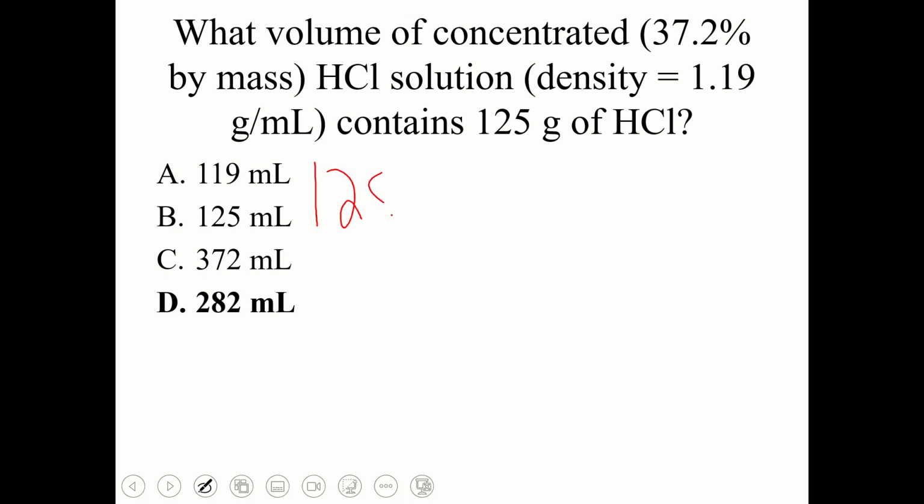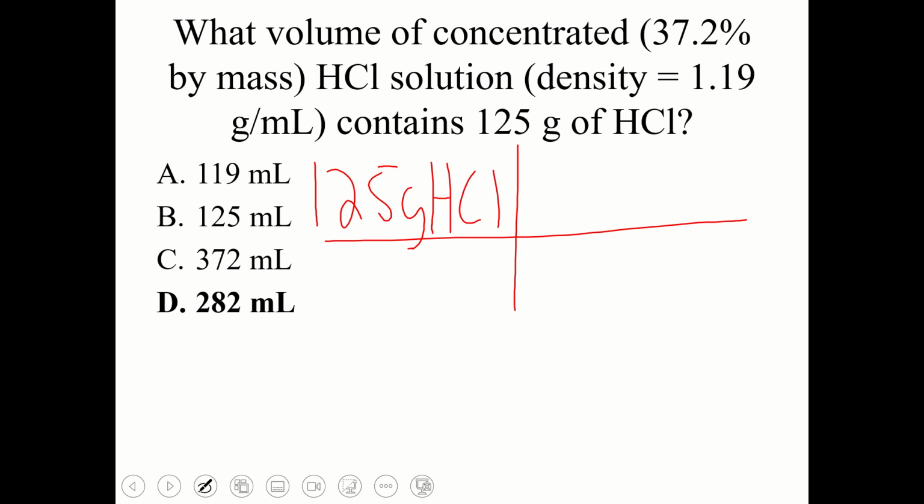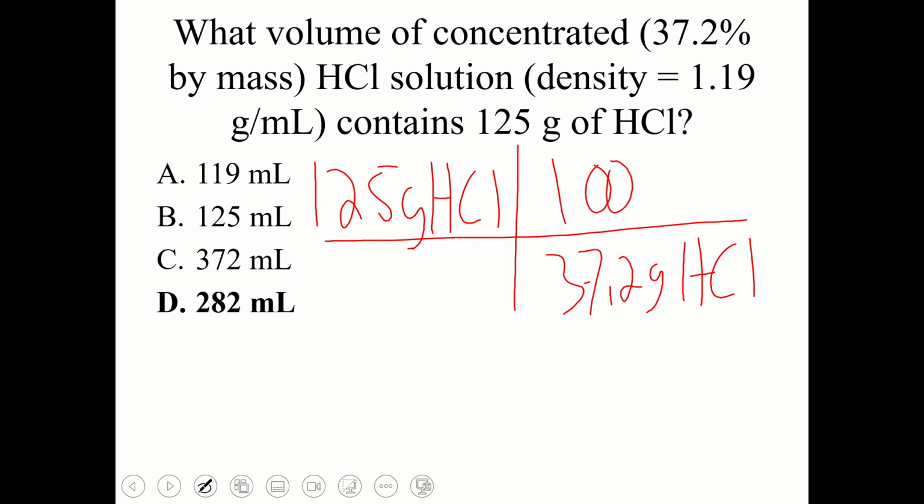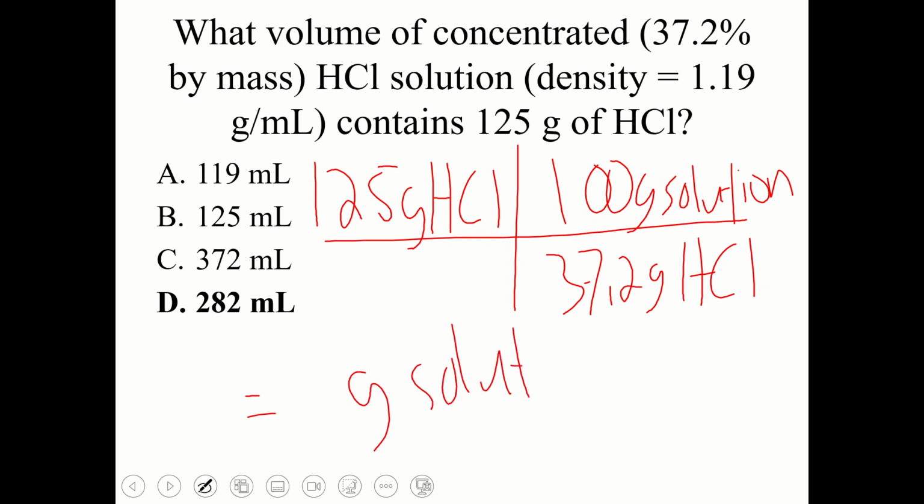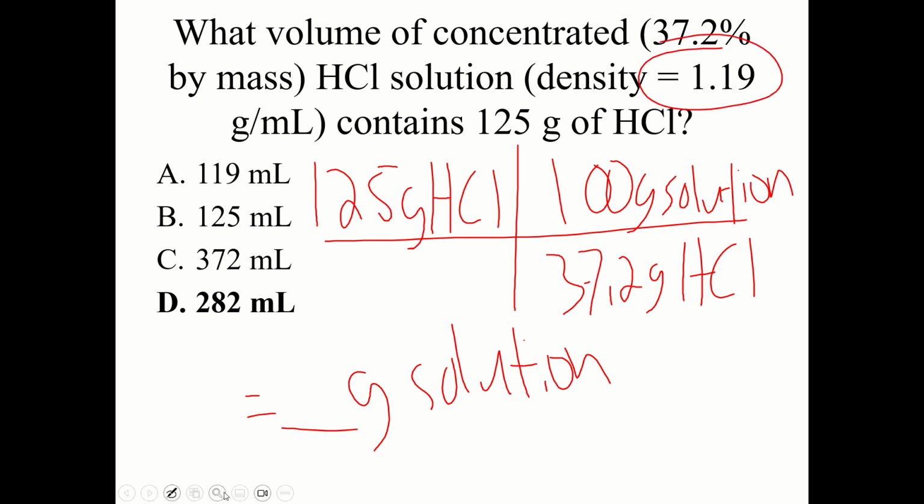So I would start by doing 125 grams HCl, and I'm going to use that mass percent as a conversion factor, 37.2 grams HCl for every 100 grams of solution. Once I get whatever that mass of solution is, I would use that mass plus the density to find volume, and you end up getting D. The correct answer here is D, 282 milliliters.